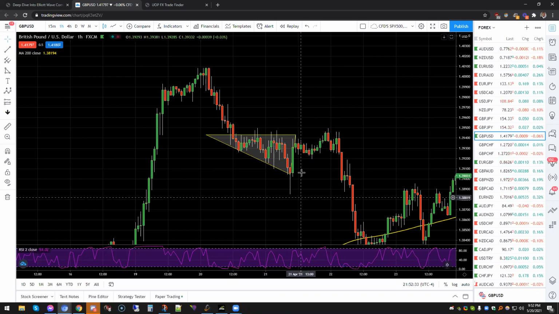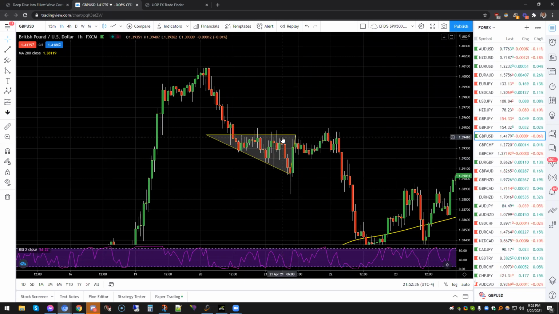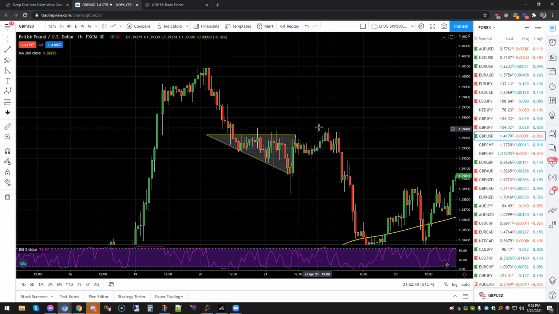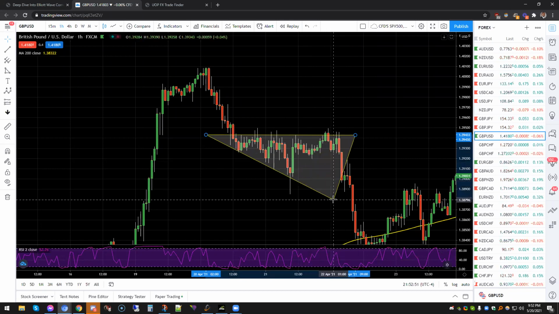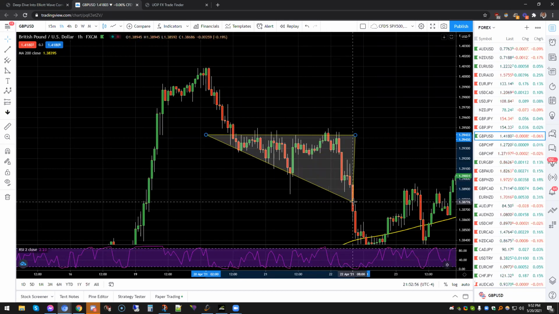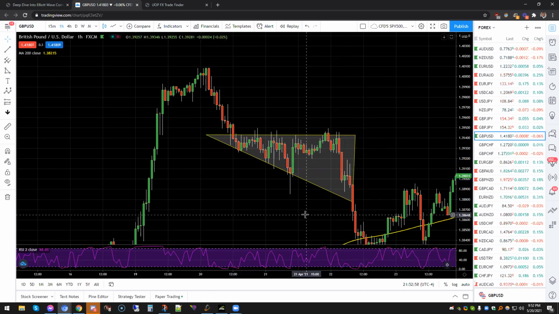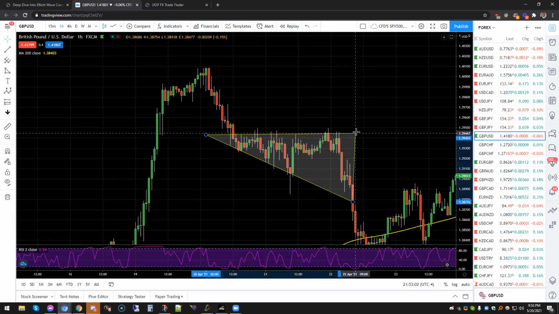So this is the type of thing that a lot of traders would say broke down, but it pushed back to the upside, faking you out. Then it pushes down again. Okay, so you got to be careful with this. If you just try to expand that, and this is one of the reasons why it's good to expand your triangles.